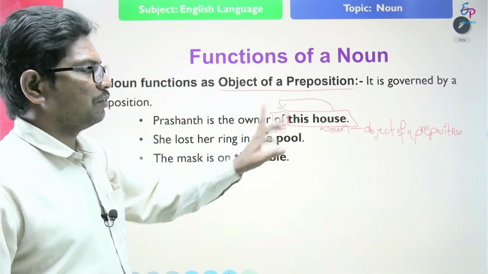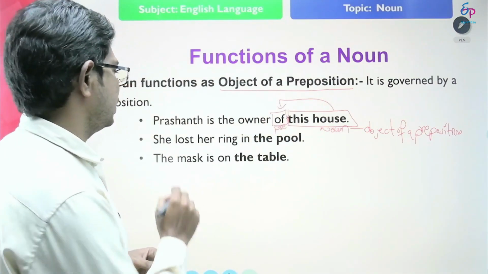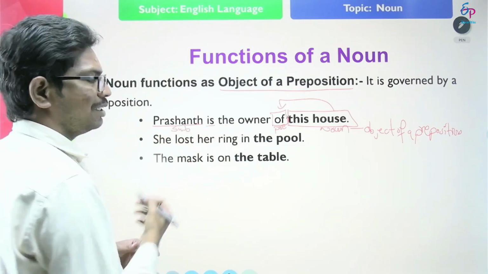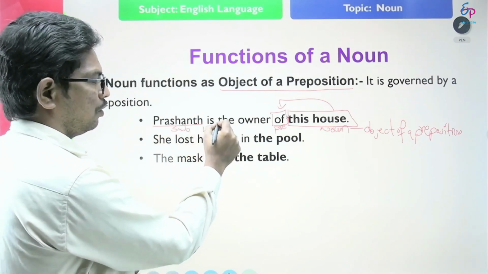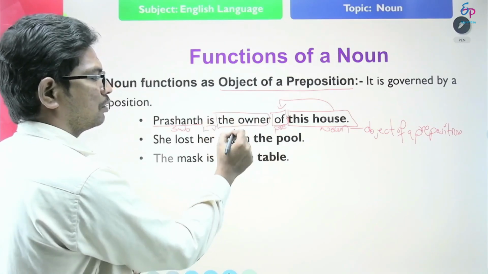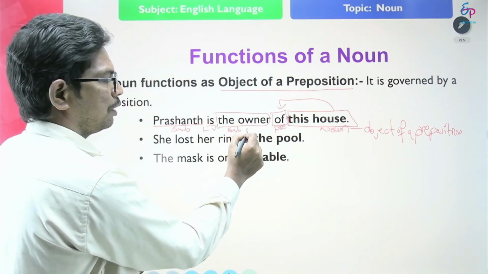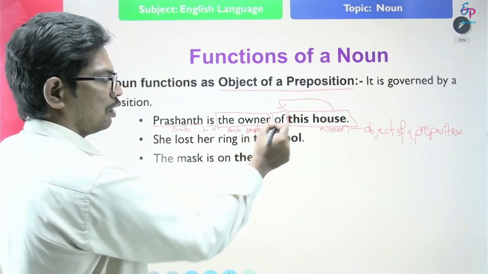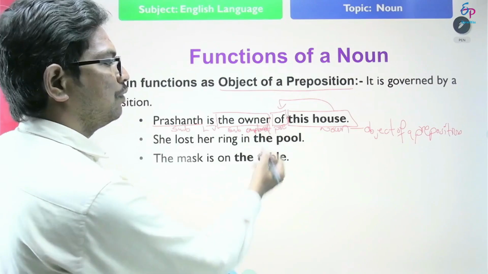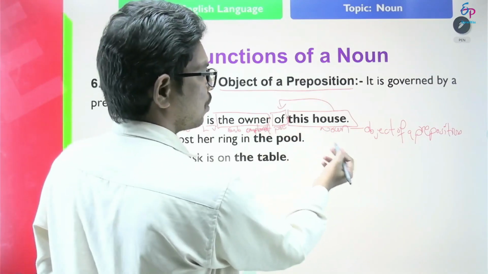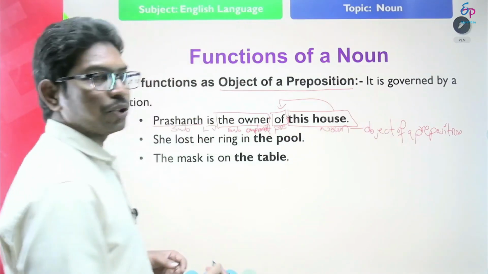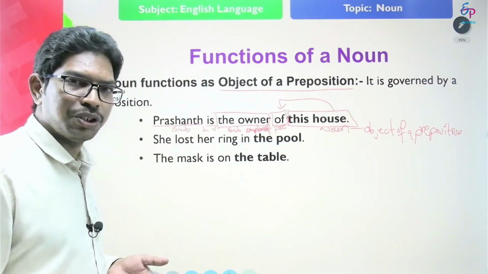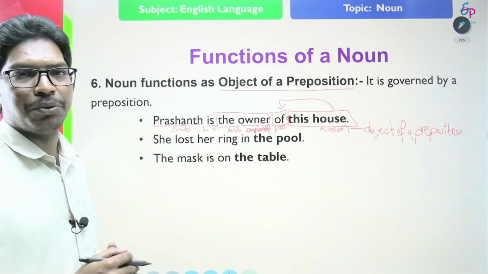So this is the object of this preposition. In this sentence, what is Prashant? This is the subject. What is "is"? This is a linking verb. What is "the owner"? Subject complement. And "of" is the preposition, and "this house" is the object of that preposition. So now you understood: the noun which is used after the preposition is called the object of a preposition.